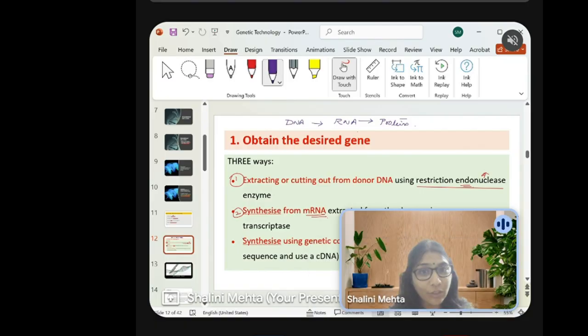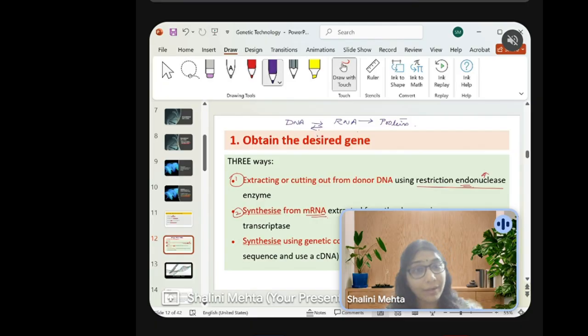So what I can do here is synthesize from the mRNA the DNA molecule using the enzyme that we call reverse transcriptase. These enzymes are found in viruses, right? Those viruses that have RNA as the genetic material have a specific type of enzyme that they use to convert RNA to DNA.